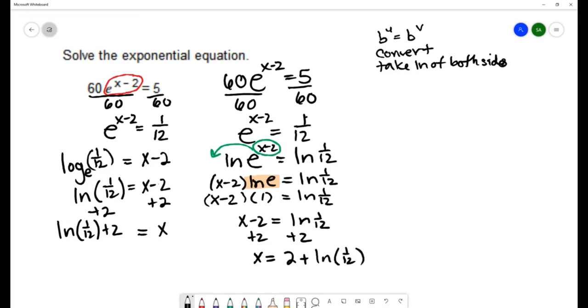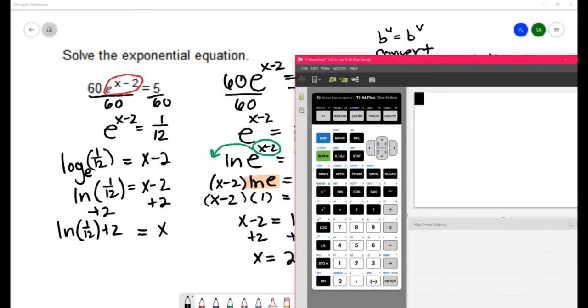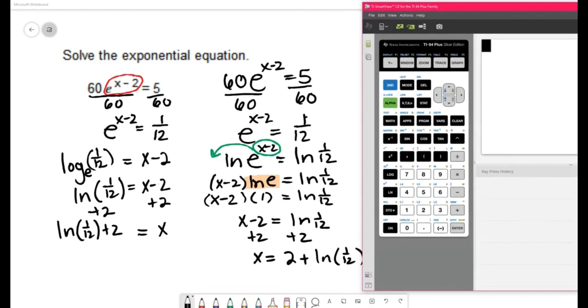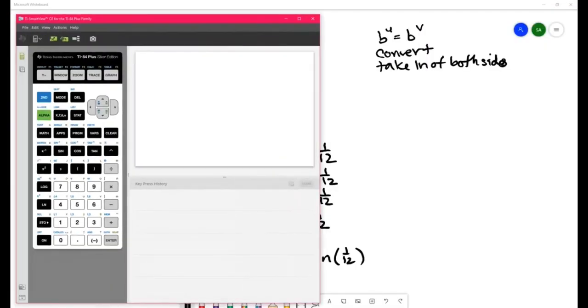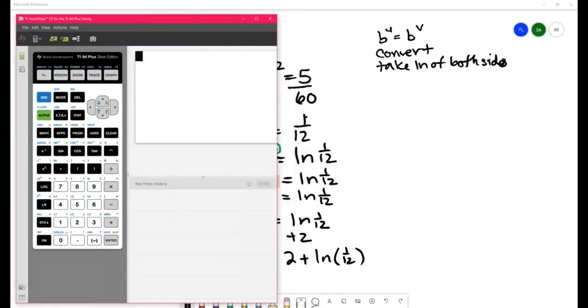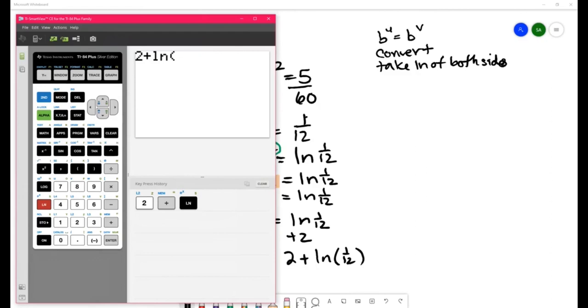Now sometimes you're asked to type this in a calculator, so I have my calculator here, and we'll type this in. We're going to type 2 plus natural log of 1/12.